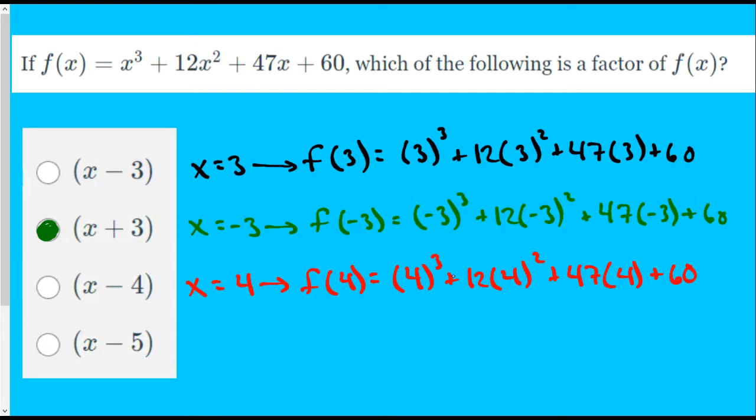Like the first one, you can see that all of those are positives and you're not going to end up with a 0. If you type it into your calculator, you would end up with something along the lines of 504. So you're just getting further away from 0, and you could imply that for the last one, when x equals positive 5, it's going to be further away from 0 than 4 was.